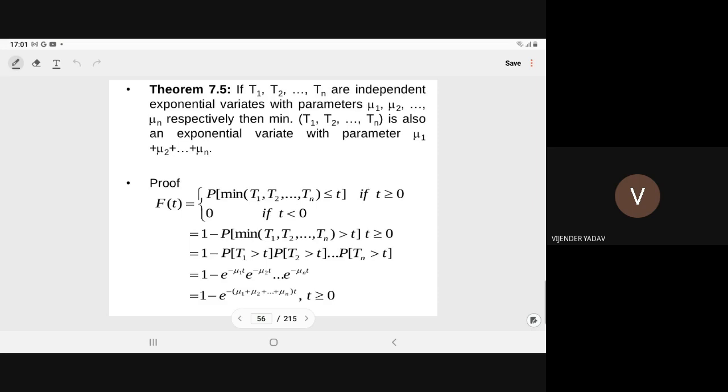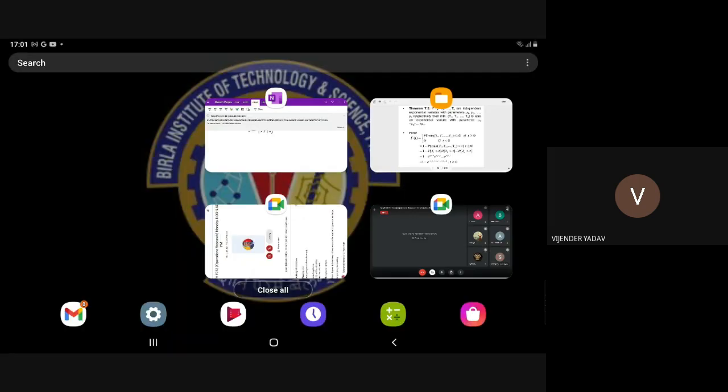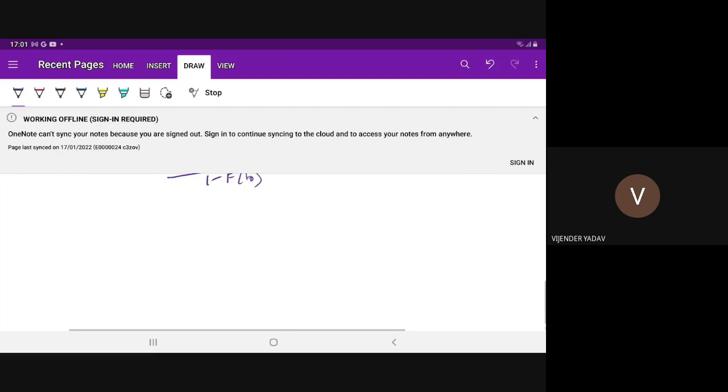So in this case, it is given to you that Ti follows the exponential distribution with parameter mu i, where i is equal to 1 to n.